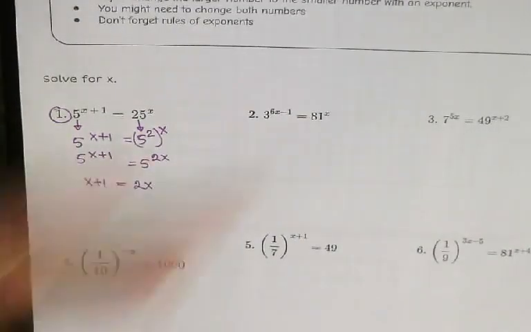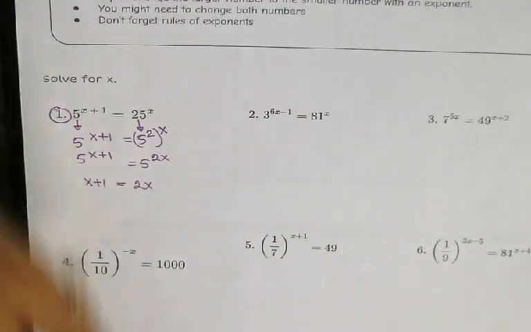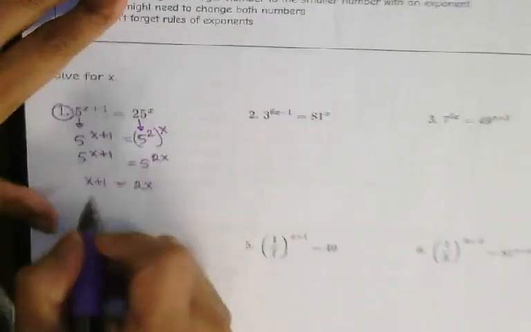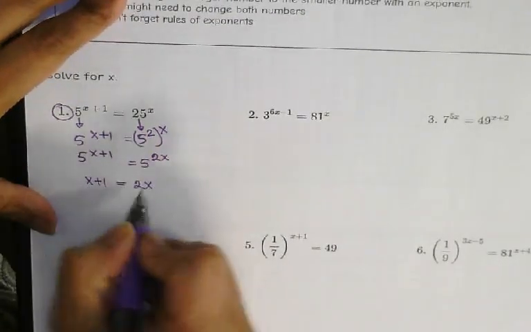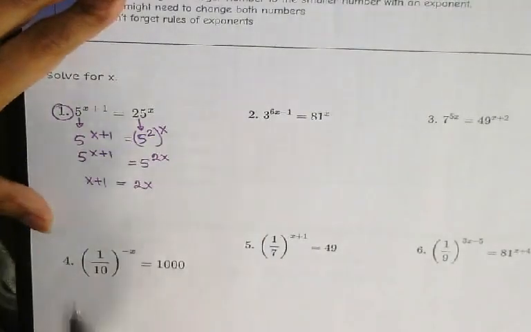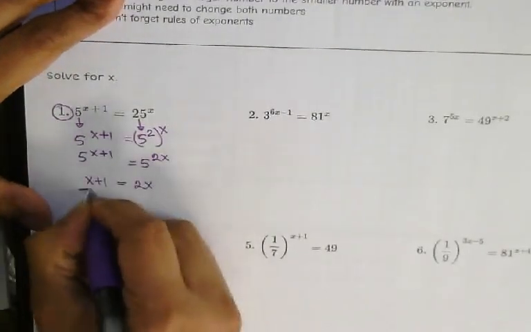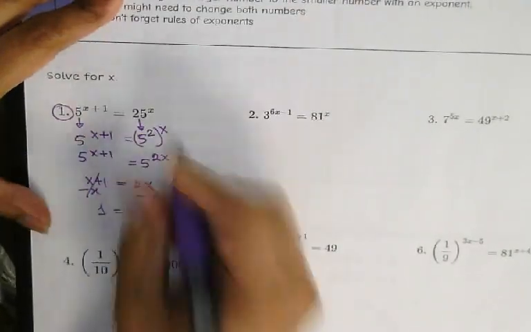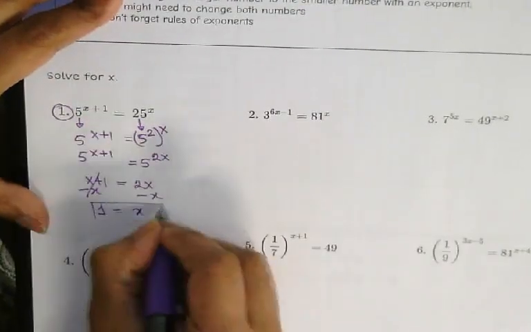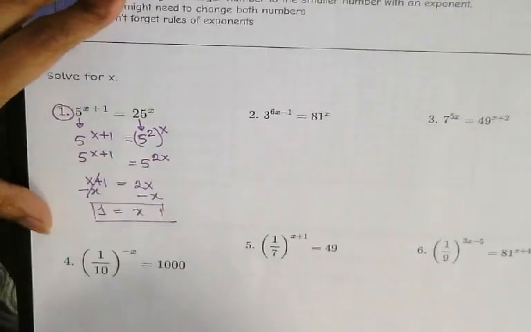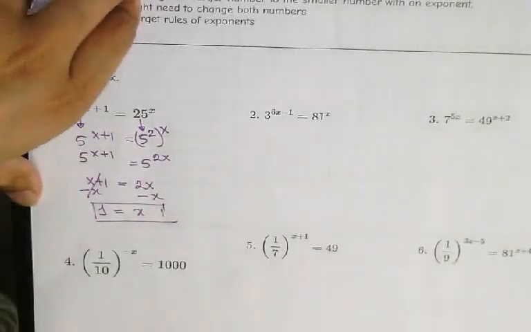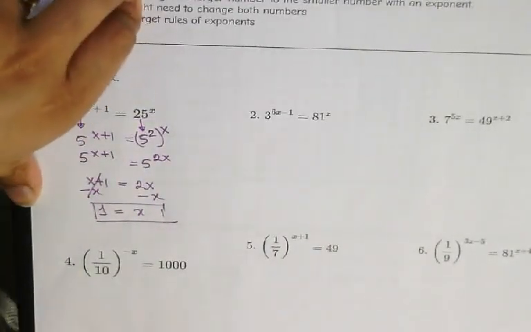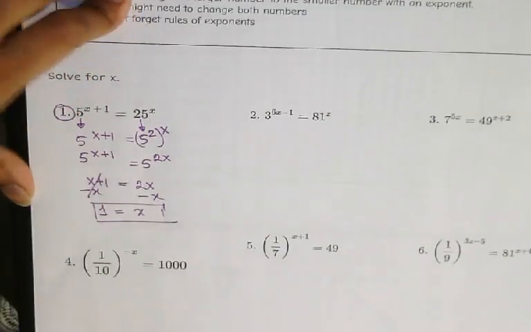It's a plain and simple linear equation. We can simplify it. Just move all the x on one side and all the numbers on the other side. So it's subtract x from both sides. 1 is going to be equal to x. Any question? No? Great.